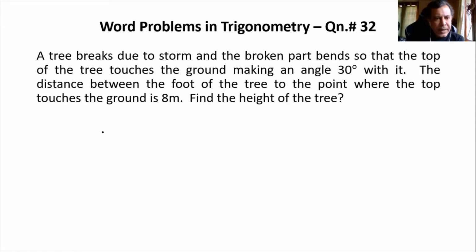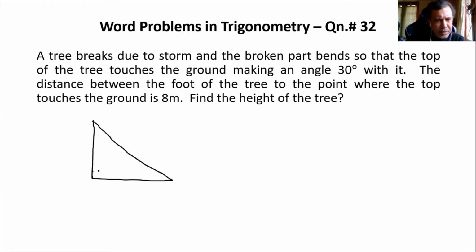So they say a tree will be vertical. Let me draw this. And then what they say is this tree is broken, and what happened is it bends like this. So probably the tree may be further taller, that is getting broken, and it bends and touches the ground.